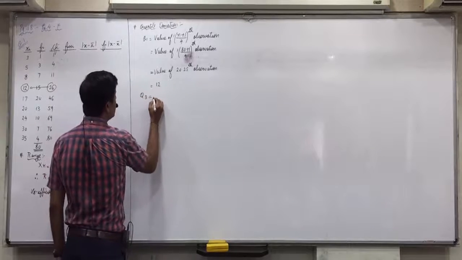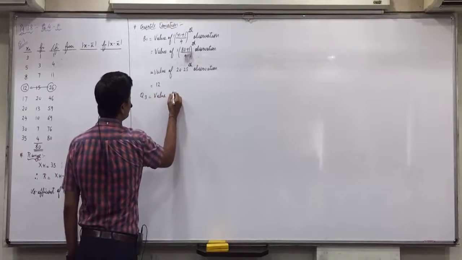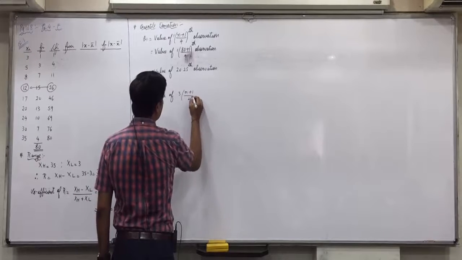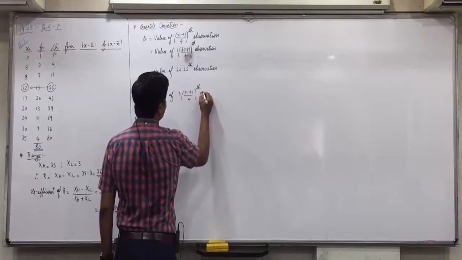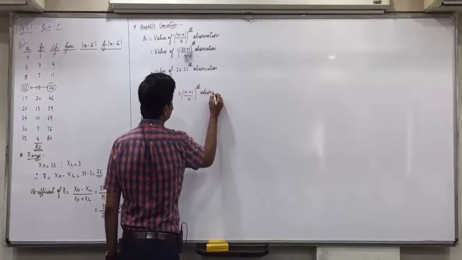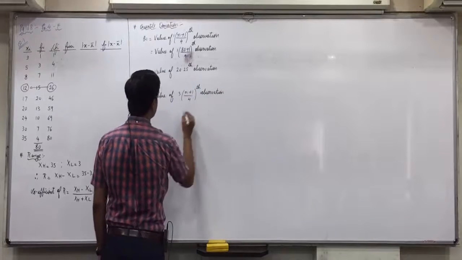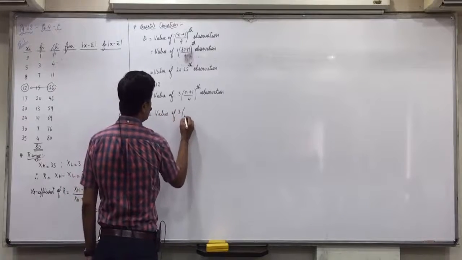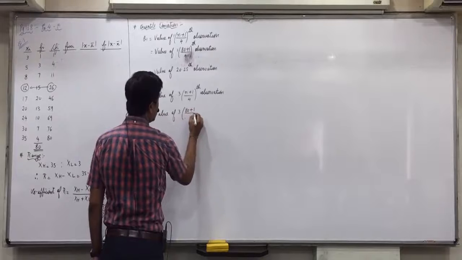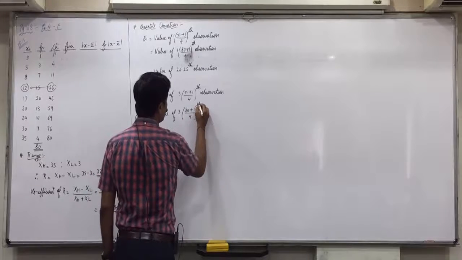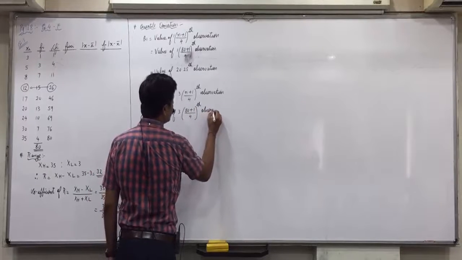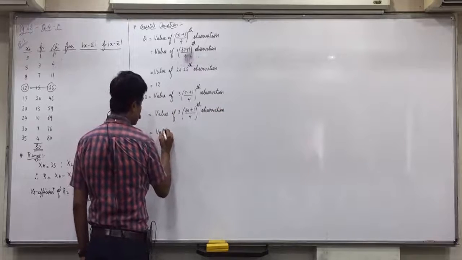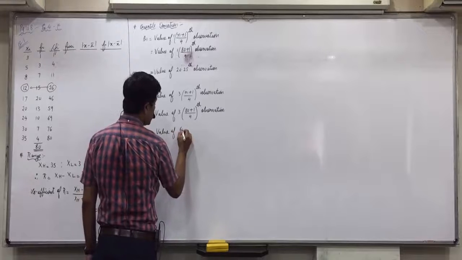Same way Q3 equals value of 3 into n plus 1 upon 4th observation, value of 3 into 80 plus 1 upon 4th observation, value of 60.75th observation.